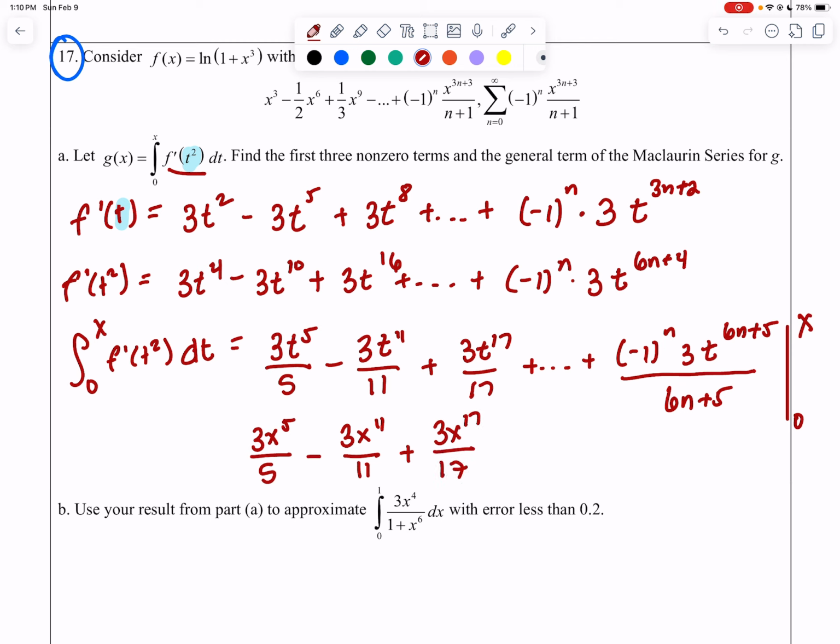And that gives me my first 3 non-zero terms. And then the general term is going to be negative 1 to the n, 3x to the 6n plus 5 over 6n plus 5, since that's now x.